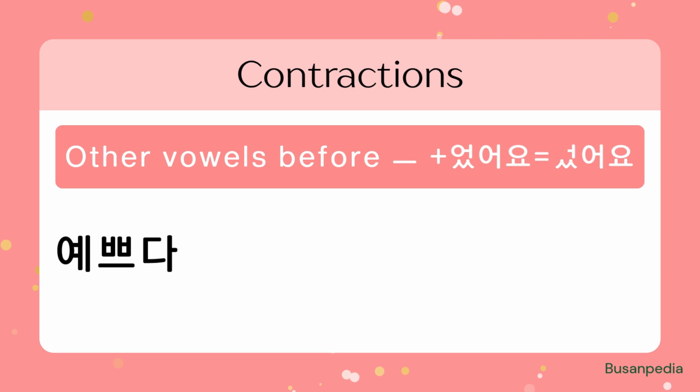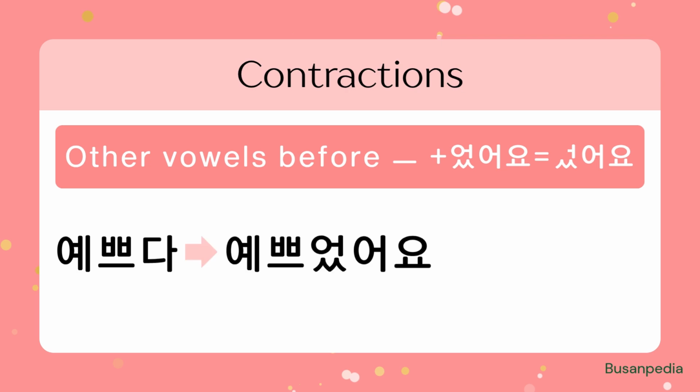On the other hand, if the vowel before 으 is anything other than 아 or 오, you add 었어요. For example, 예쁘다 has 예 before 으, so it takes 었어요, and 예쁘 plus 었어요 contracts to 예뻤어요.